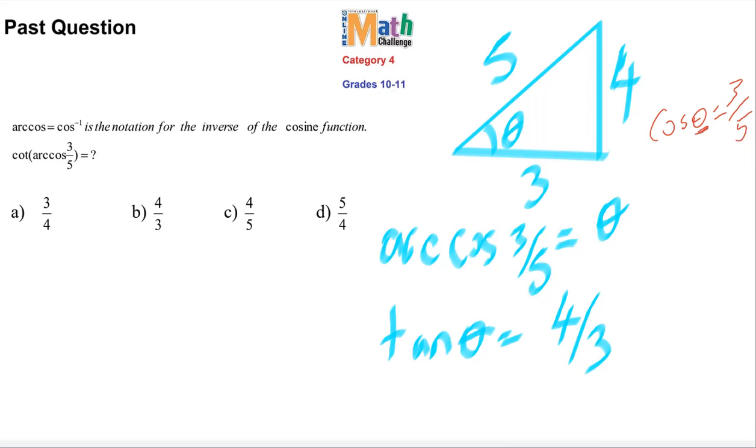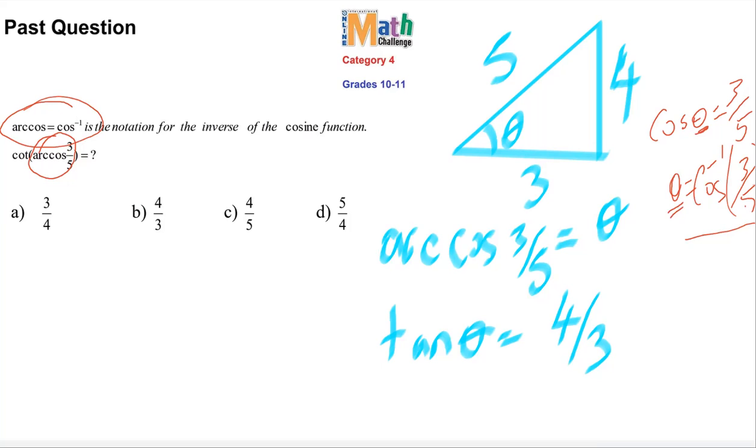So if you want to get the angle, theta equals cosine inverse 3 over 5. We call this the inverse function. Another way of writing the inverse function is arc cosine. So instead of cosine inverse, we can write arc cosine 3 over 5, which is this one. Arc cosine 3 over 5 will give us the theta.